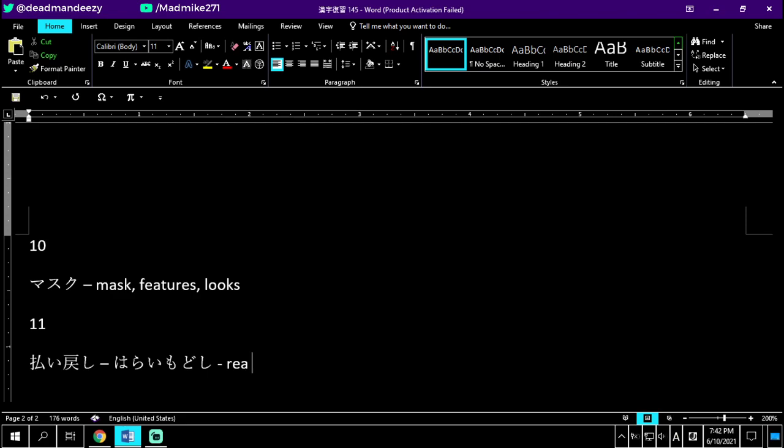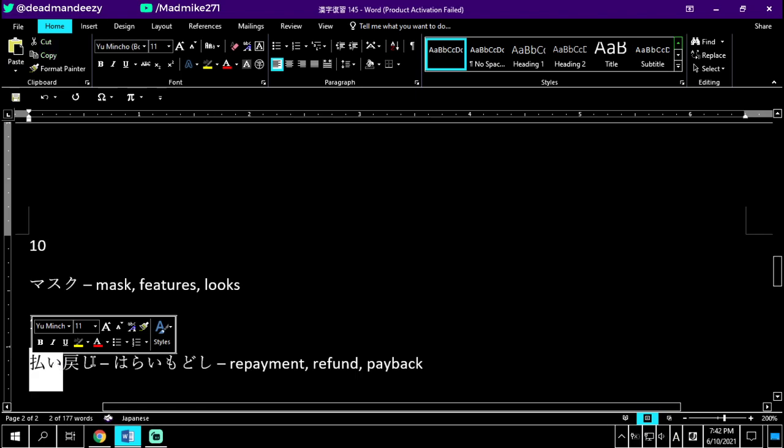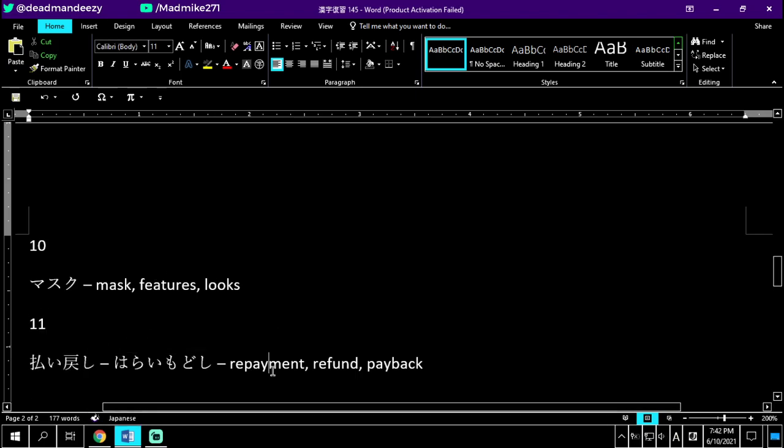This is repayment, and refund, payback. On the left side, we have harau, or to pay someone something, and modosu on the right, or modoshi, which is a returning or a reverting to something. So harai modoshi is a repayment or refund or payback.